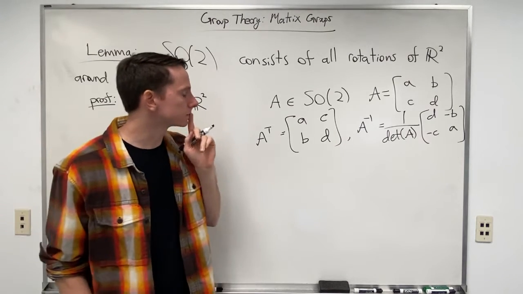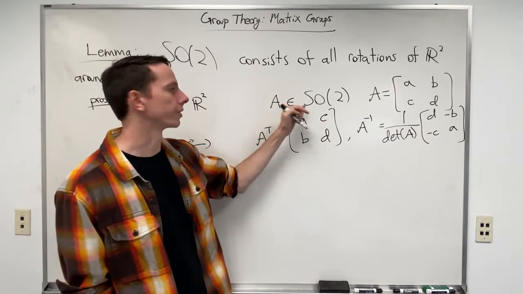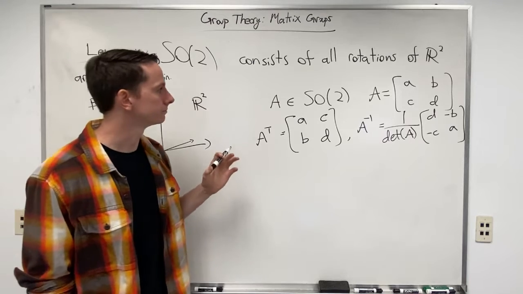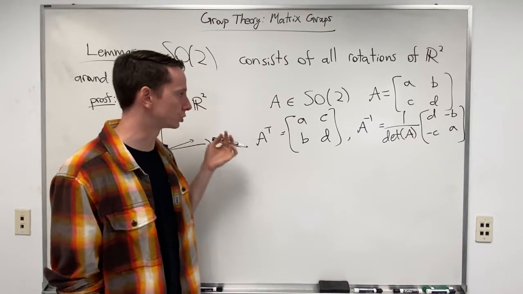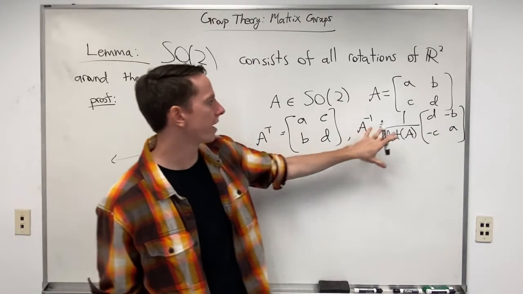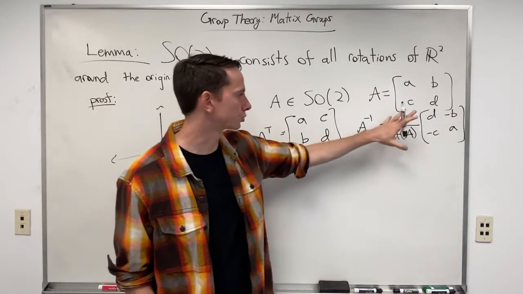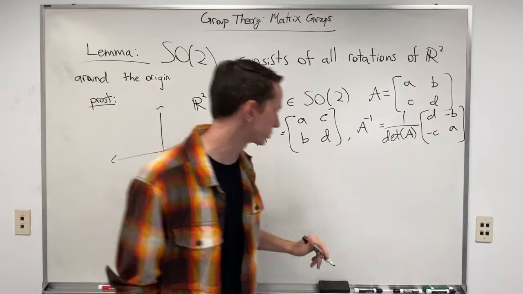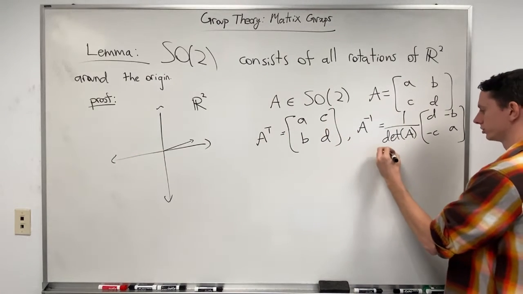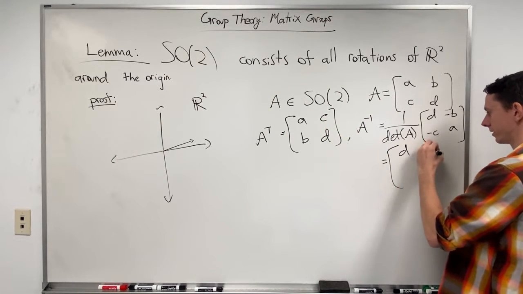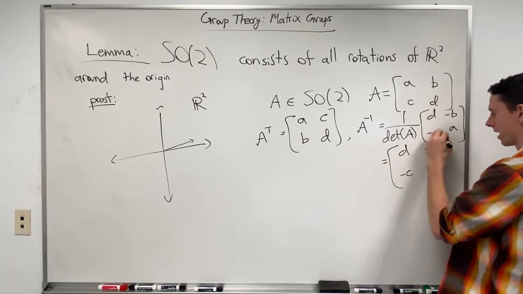But then let's now remember what the special part of SO2 means. That means that the determinant of the matrix is 1. So even though we have this prefactor in front, 1 over the determinant of A, this is really just 1 over 1. So the matrix simplifies to just writing D, negative B, negative C, A, like this.